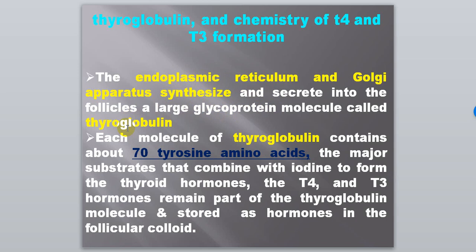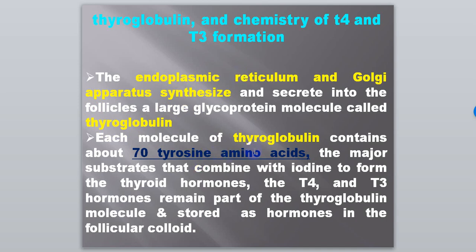The material in this colloid is called thyroglobulin. What is thyroglobulin? It's a glycoprotein. Who synthesizes thyroglobulin? This material is synthesized and secreted from the endoplasmic reticulum and Golgi apparatus.